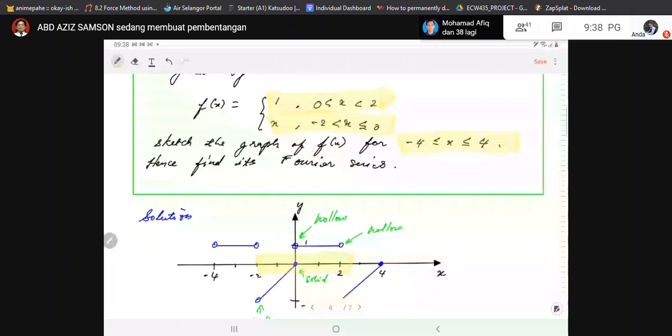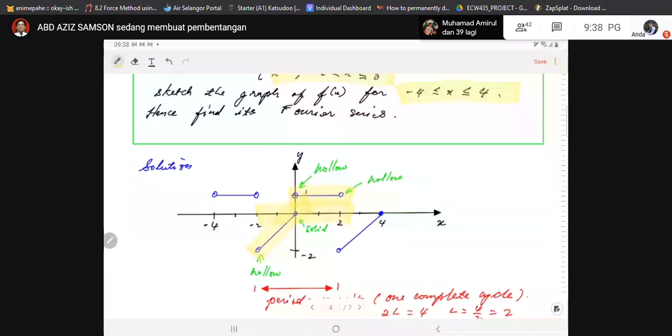The function is equal to 1 when x is between 0 and 2, and the function is equal to x when x is between -2 and 0. This is being repeated over and over again. If we want to sketch the graph between -4 and 4, the same thing is being repeated. I hope you realize that.